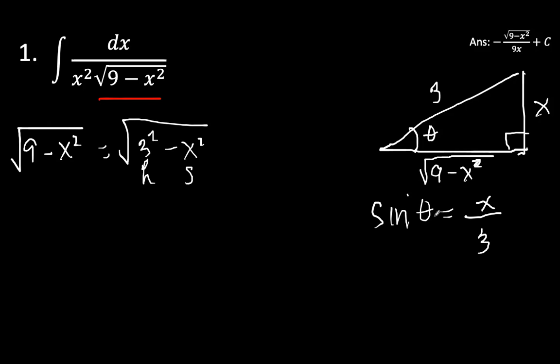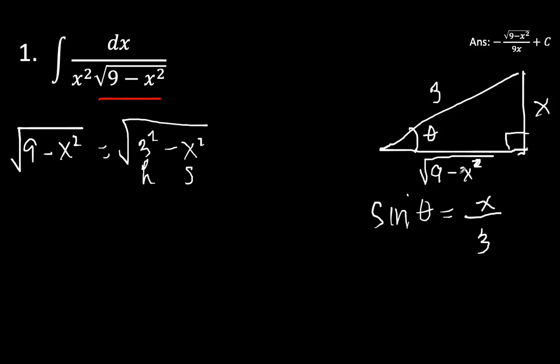If we are not going to use this function, like cosine, then we will be using this side, which is the square root of 9 minus x squared, and that's a more complicated expression compared with x.